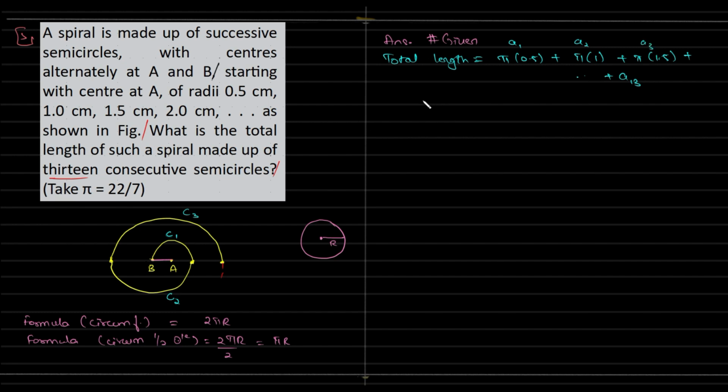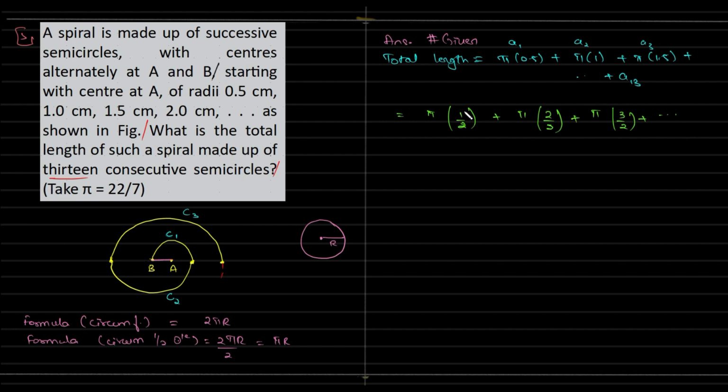So we can do one thing over here, which will ease our calculation. I'll write 0.5 as 1 by 2, plus the next one as 2 by 2. I'll show you why. 2 by 2 plus 1.5, which is 3 by 2, plus.